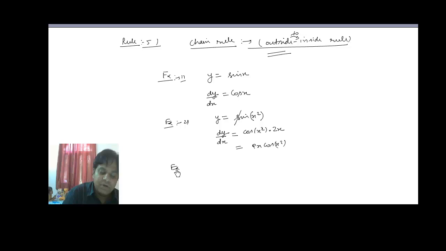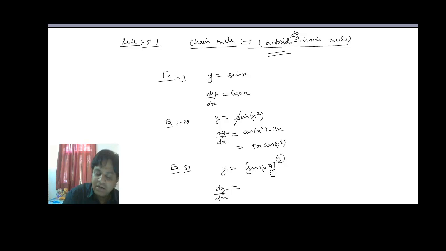In the third example, let's say I'm given y is equal to sine x squared to the power 3. If I am asked to differentiate, then what I see most outside is this power, and I'll read it as I said.